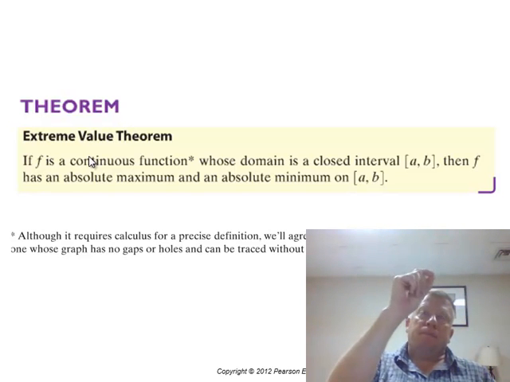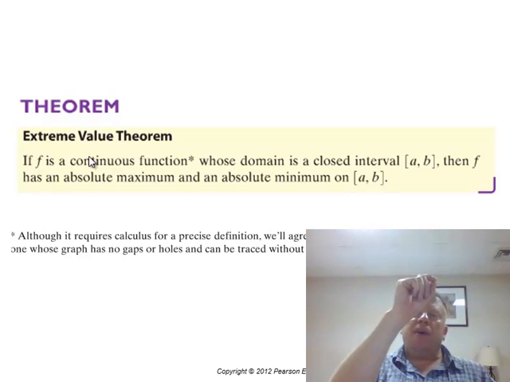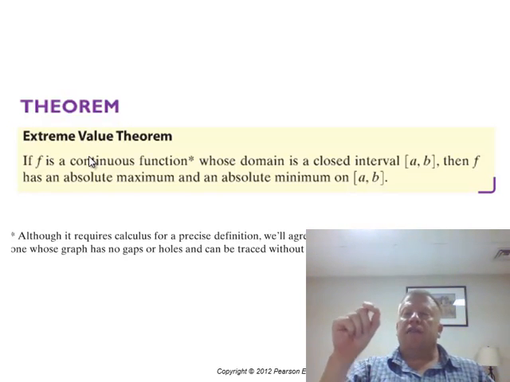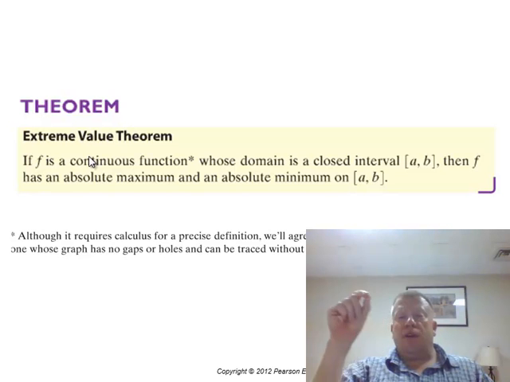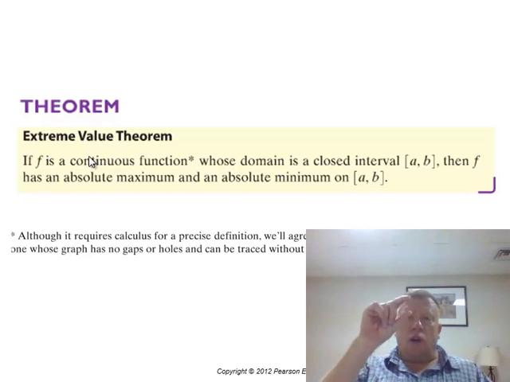Continuous function basically means that if you were to take a pencil on a piece of paper and sketch out the graph of a function over that closed interval from A to B, you would not have to lift your pencil at all. You just make one single stroke to draw the graph of that function. There aren't any holes, there aren't any jumps, anything like that.